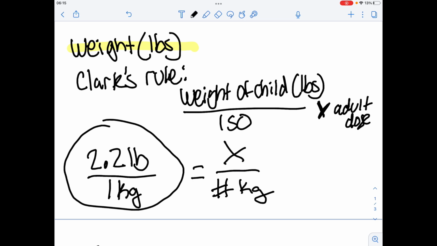And then you would put X for your pounds, because you're trying to find how many pounds you would need to put into your formula. Solve by cross multiplying and isolating X, and then you would get the amount of pounds to write in to solve your equation.